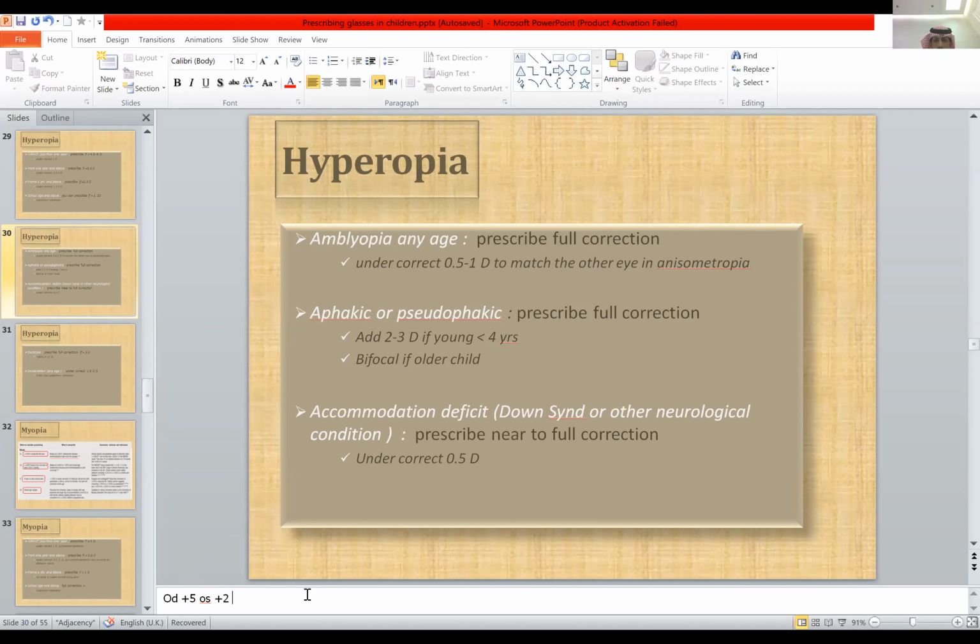So you either give right eye +5 and the left eye +2, or you can undercorrect both, so it will be +4.5 in the right eye and then +1.5 in the left eye.